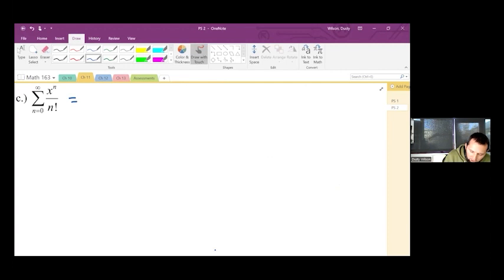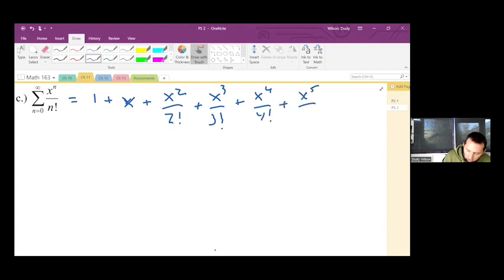So this will be 1 plus x plus x squared over 2 factorial plus x cubed over 3 factorial plus x to the 4th over 4 factorial plus x to the 5th over 5 factorial plus x to the 6th over 6 factorial plus dot, dot, dot.